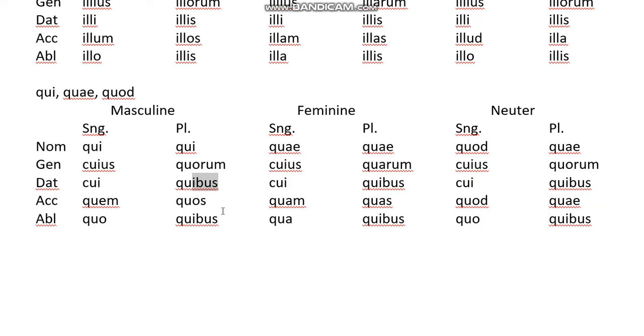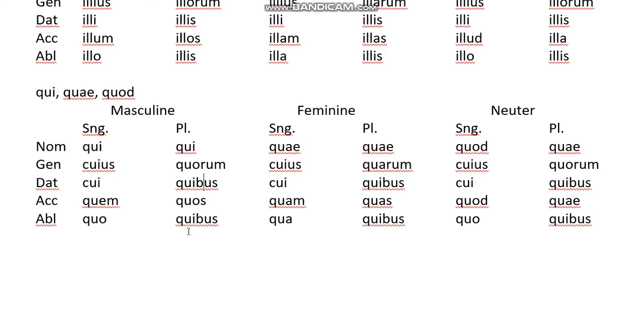Now, ibus is a fairly standard ending for dative and ablative plural, but not in the two declensions that you're used to. You guys are only used to first and second declension, whereas this ending in particular comes from what is known as third declension, which we will learn in chapter 9. So just keep that in mind.